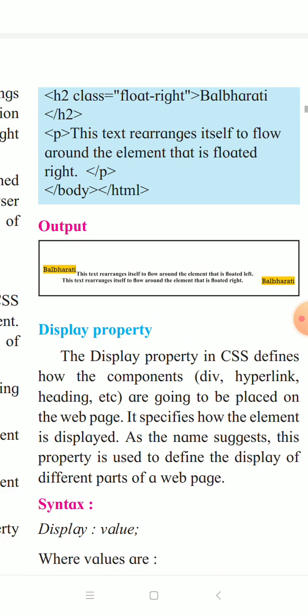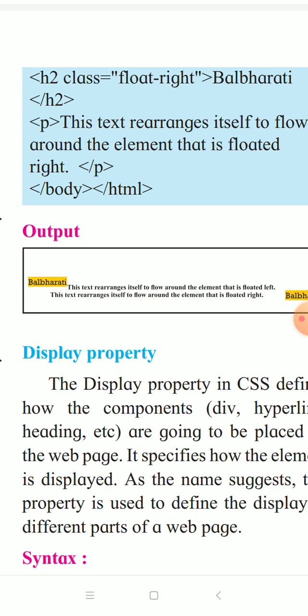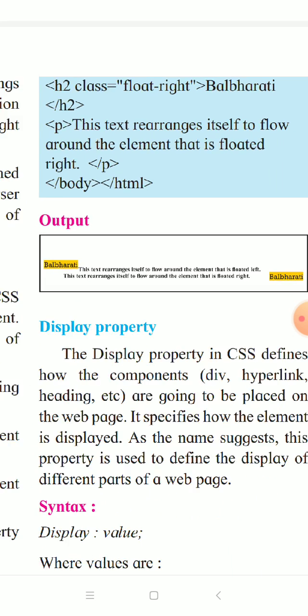See here for class float right, here see class name is float right. For class float right the text should be displayed on the right side of the container. Okay, again paragraph is there.